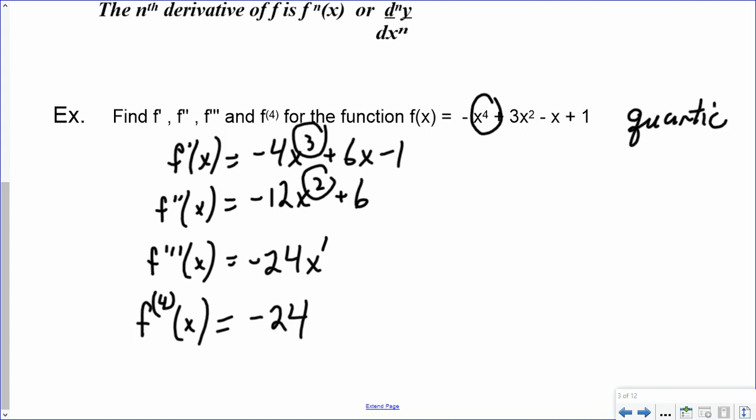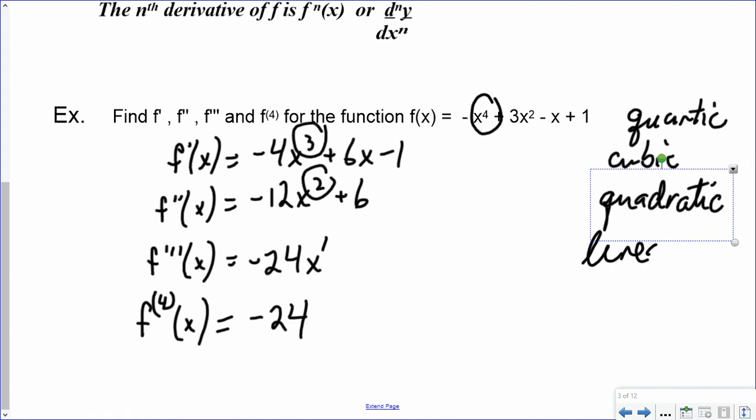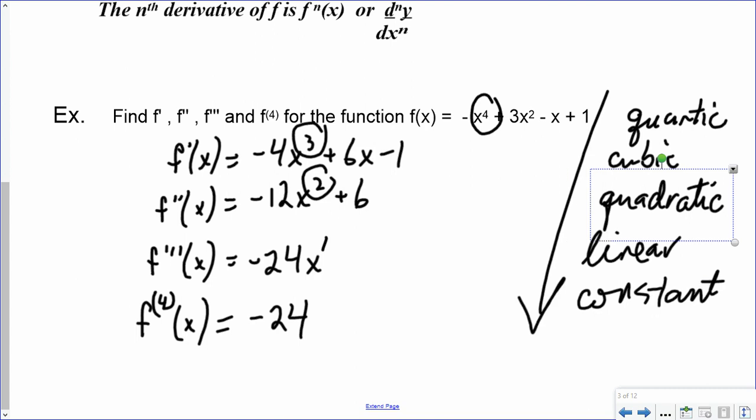The quartic, or fourth degree, then cubic, then quadratic, linear, and then constant. That's the pathway. So that might help you get some of these derivatives.